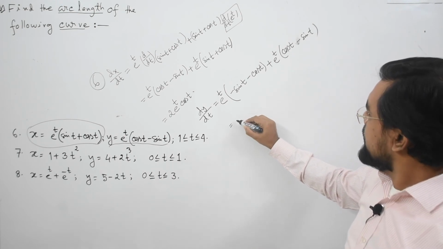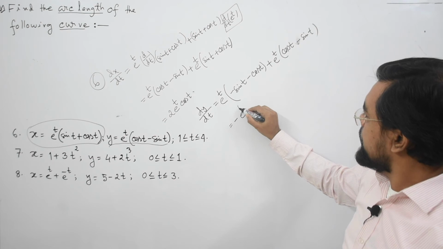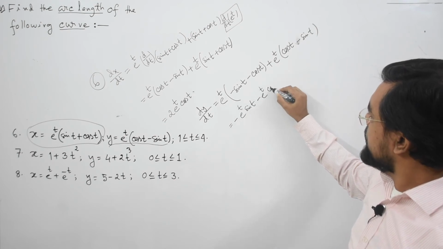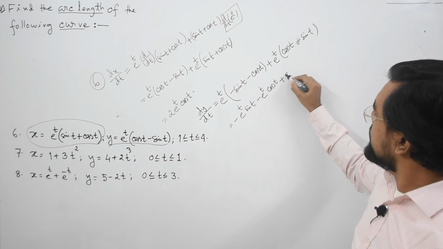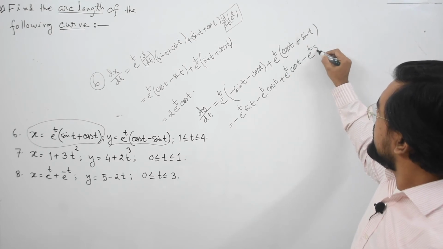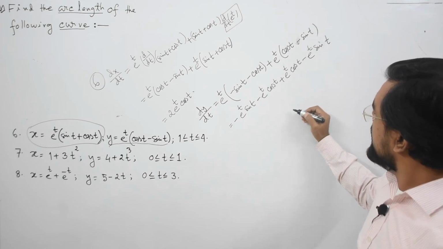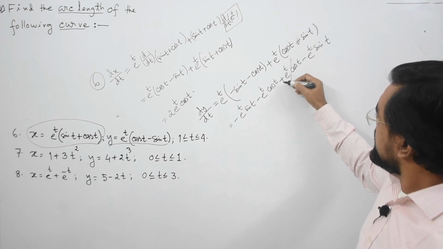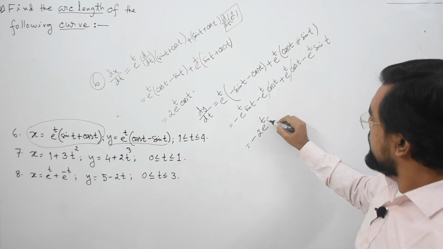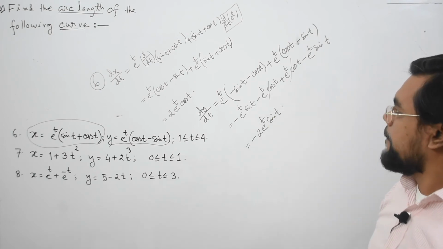And here we have minus e to the power t sin t minus e to the power t cosine t plus e to the power t cosine t minus e to the power t sin t. So we can cancel these two terms, and we have minus 2 e to the power t sin t.